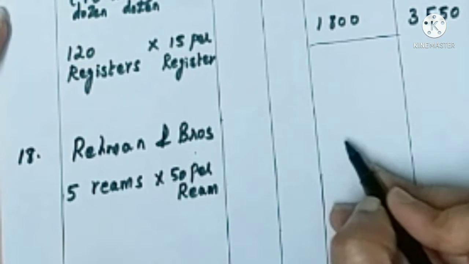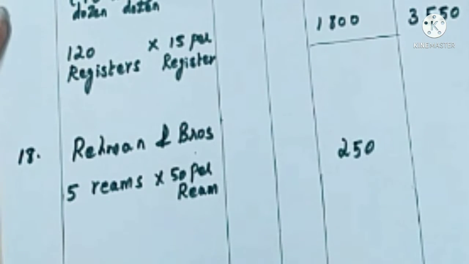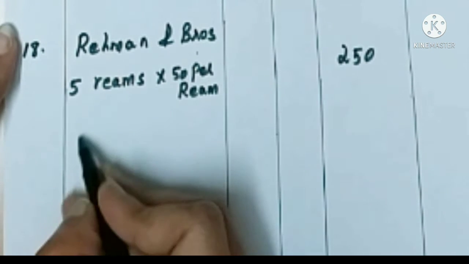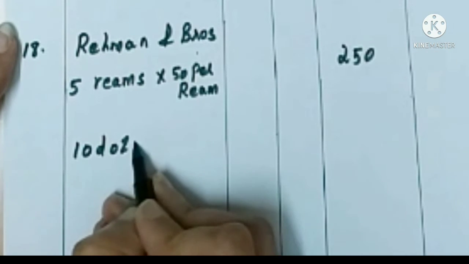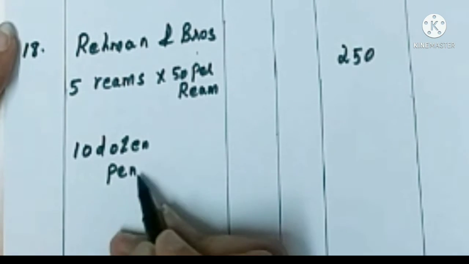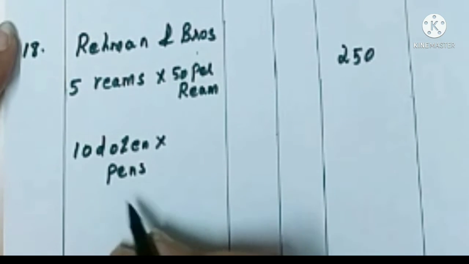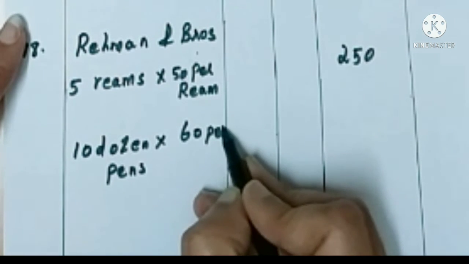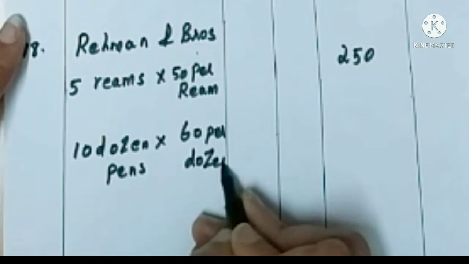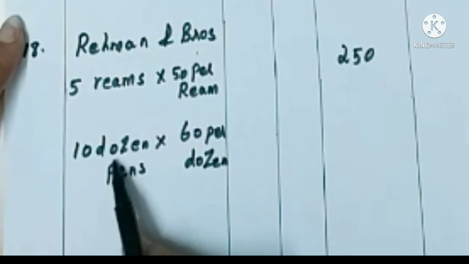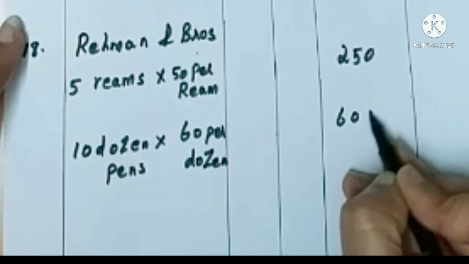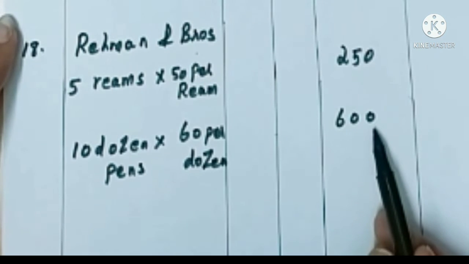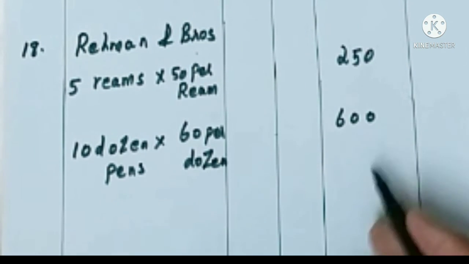So 250. So we are purchasing 10 dozen pens. Each dozen costs rupees 60, 60 per dozen. Okay. So 10 into 60. How much? 600. So when we add 250 plus 600, we get rupees 850.